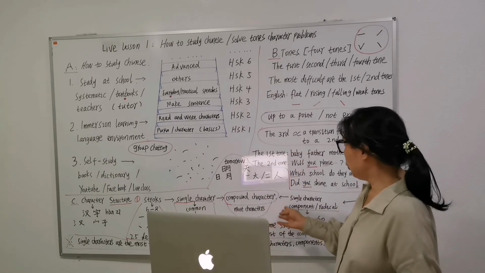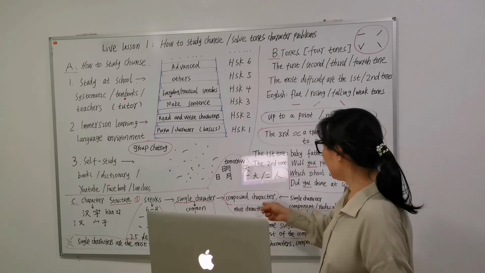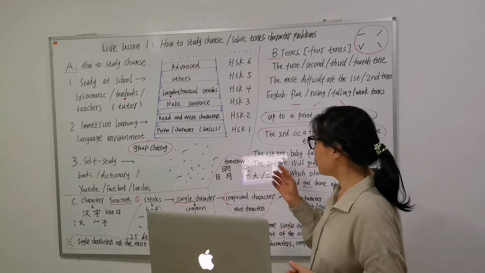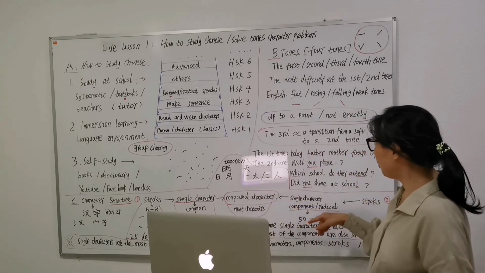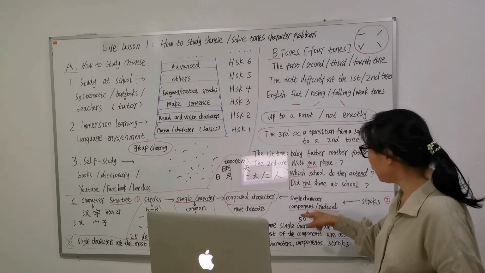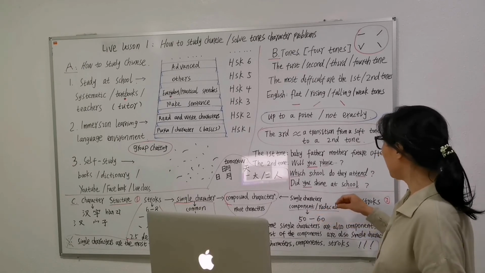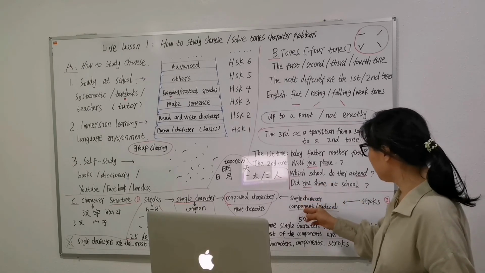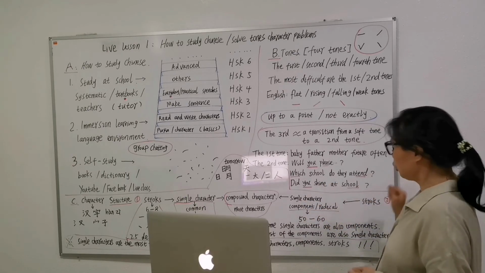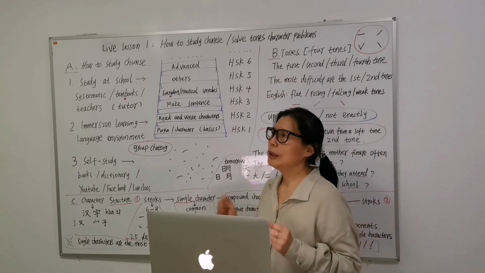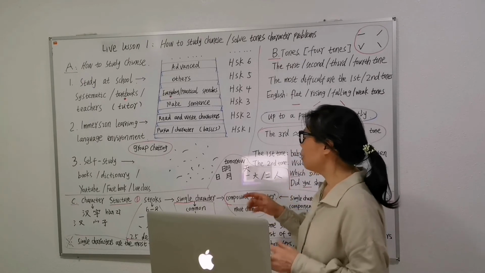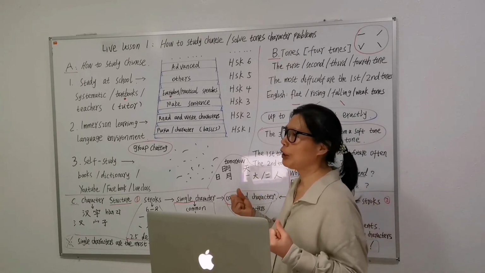Now you know a compound character is made up of single characters, or of single characters with components. Sometimes single characters with components and strokes. But the basis is that a compound character is made up of single characters.